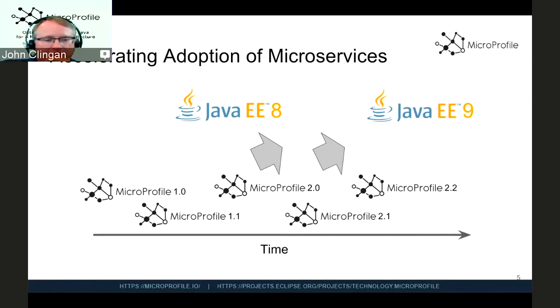MicroProfile is all about innovating. So what we want to do in MicroProfile is quickly iterate around a lot of these technologies and potentially submit JSRs once we think the technology is mature enough, where we all agree that we've gotten out of the rapid API change mode to something relatively stable.